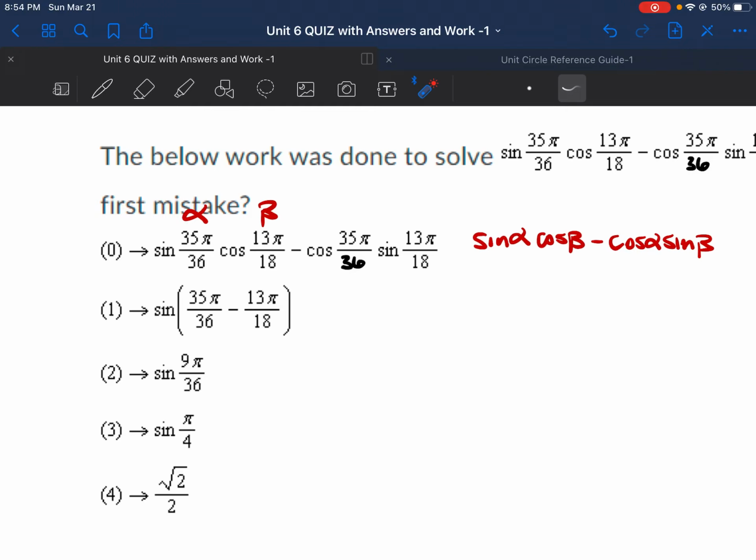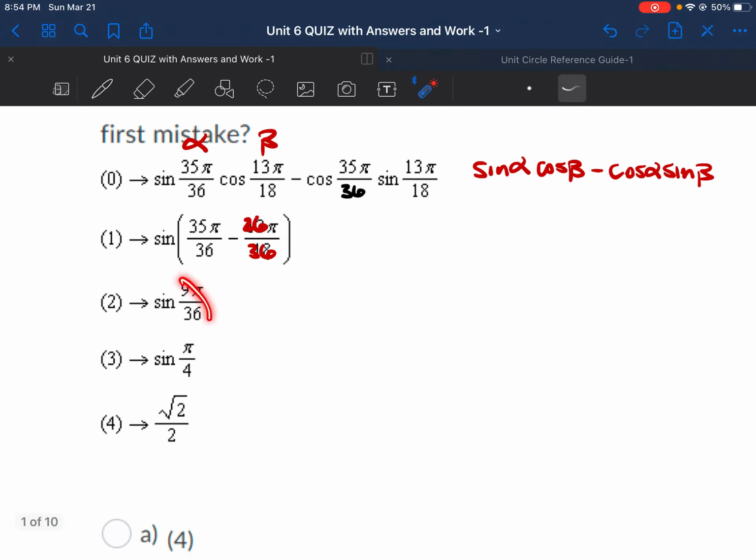So we need to double the 18 and the 13, the numerator and the denominator. So this would really be 26 over 36. Well, 35 pi minus 26 pi is 9 pi, and we keep the common denominator of 36. So from line 1 to line 2, that looks correct. Notice that 9 over 36 reduces to 1/4. So this step is correct.